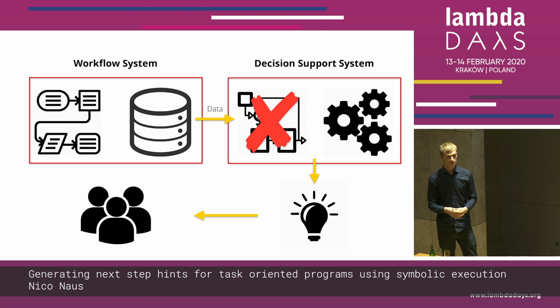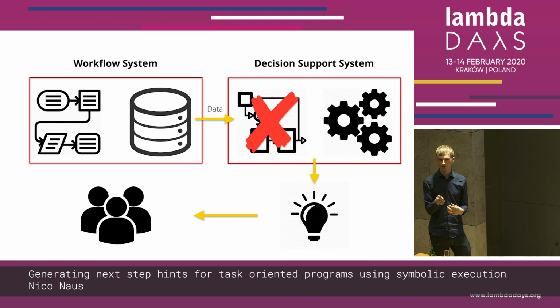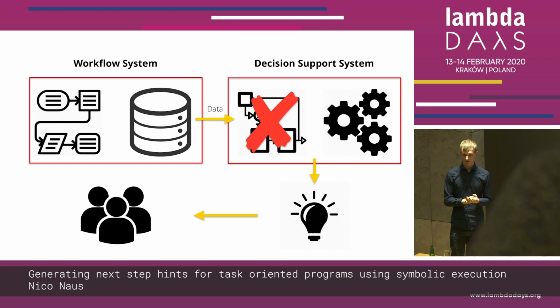And this is great. Research has shown that having a decision support system greatly improves the quality of the decisions that are made. It improves the speed with which decisions are made. And of course, this increases the productivity of the company.